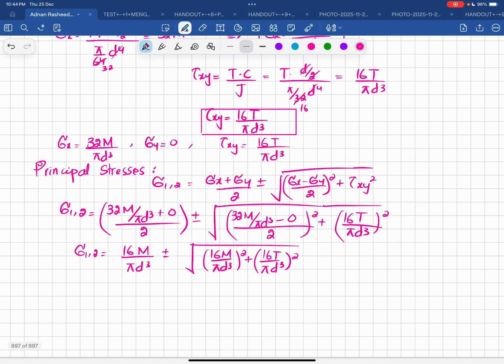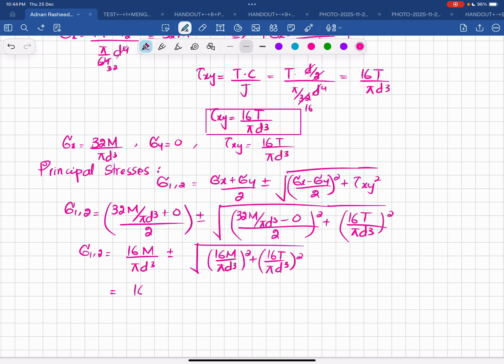Okay, now if you take 16m over pi d cube plus minus, if you take 16 over pi d cube whole square common, it will give us m square plus t square.